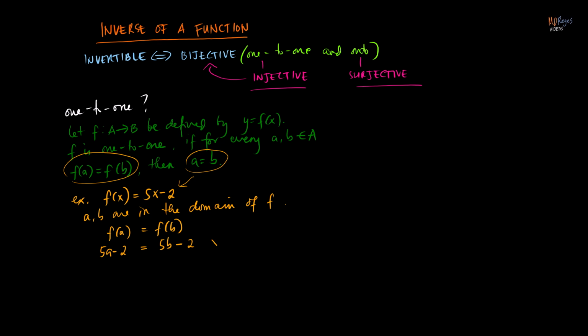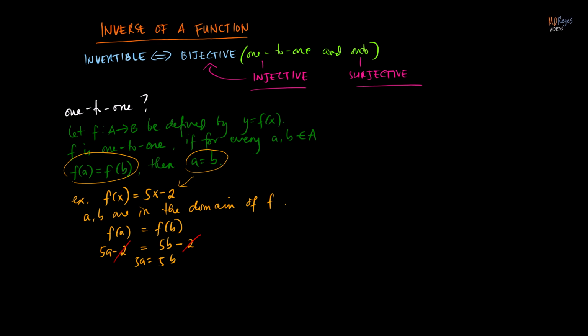Now, this must imply a equals b by manipulating the equation. Obviously we have negative 2 on both sides of the equation. So if we transpose negative 2, then this would be equal to 0. And so we'll just have 5a equals 5b.